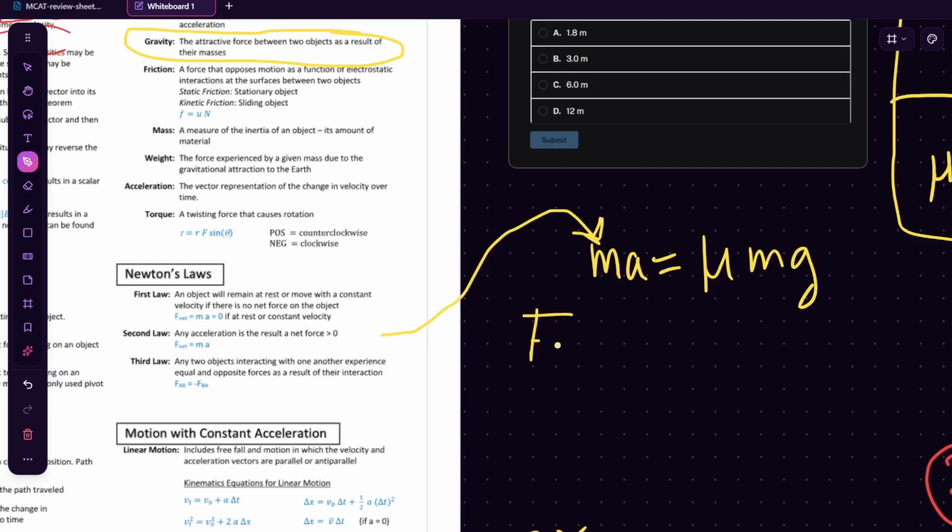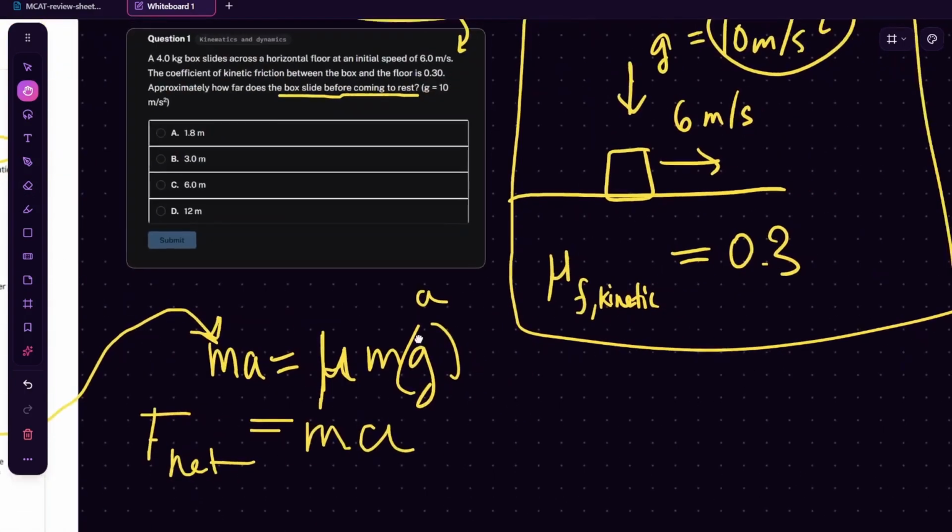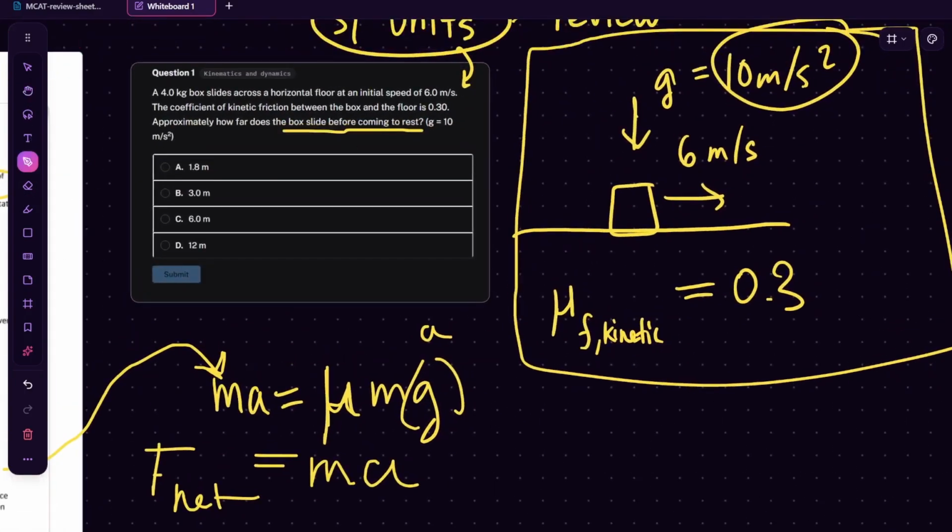F net is equal to ma, right? And ma is equal to the friction coefficient times mass times gravity. Gravity is the acceleration in this case, a. So the first step is to understand that friction is the only horizontal force being applied.